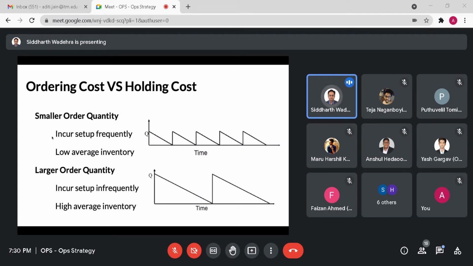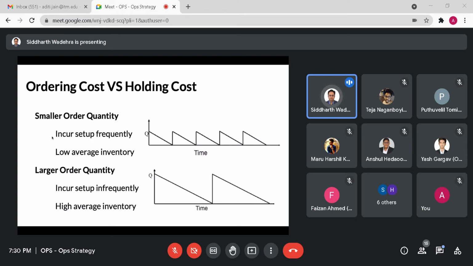However, the cost of holding inventory, the cost of how much investment you're going to have in that inventory, how much risk you're taking about inventory getting obsolete or things getting spoiled, or there is some kind of pilferage or loss or theft going on, is going to be much higher because you are buying 6 months' worth of inventory at a time.